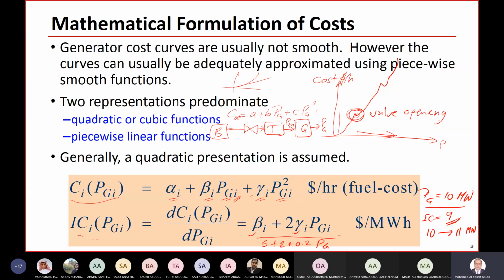Well, so let us continue discussing the economic dispatch problem. The objective is to dispatch the load among the committed generators.